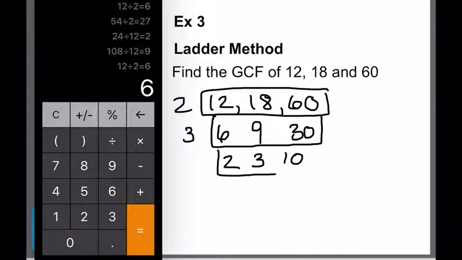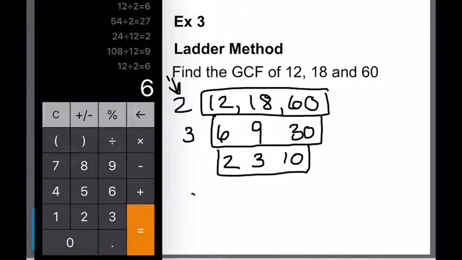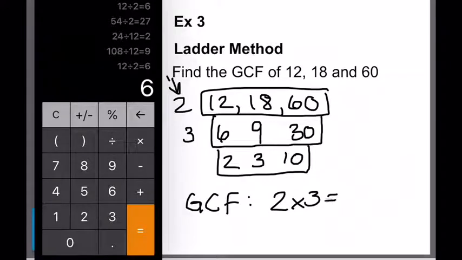Two of those numbers can be divided by 2, but not all three. If they can't all three be divided by the same number, then we are done. So to find the GCF, we have to multiply the two numbers that we divided by. So to find the GCF of 12, 18, and 60, we are going to multiply 2 times 3.